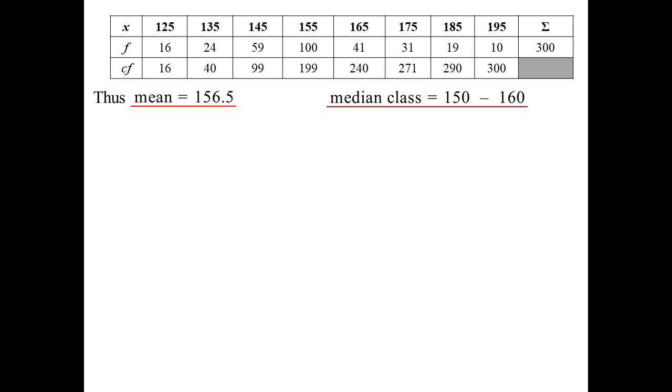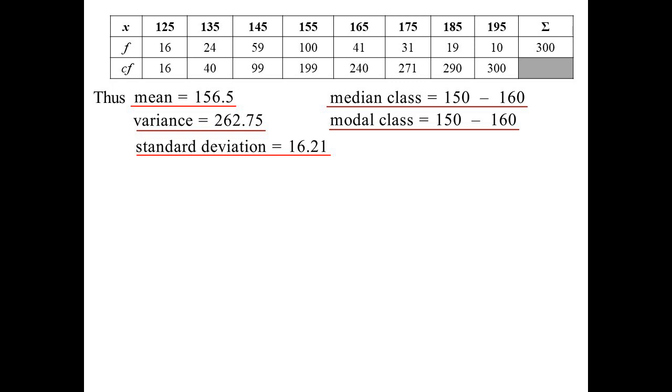It'll be the average of the 150th score and the 151st score, and because I've got it in a cumulative, makes life a bit easier, but they both fall in the class of 150 to 160. The modal class also turns out to be 150 to 160. There are 100 people in that group. The variance we worked out to be 262.75 and the deviation 16.21.